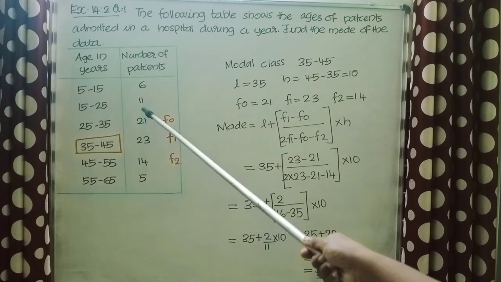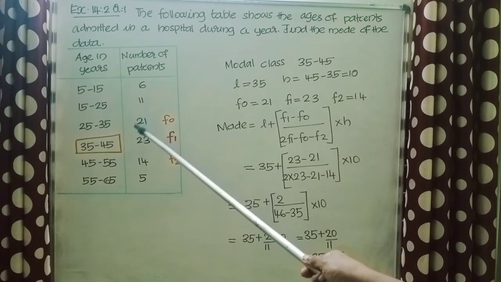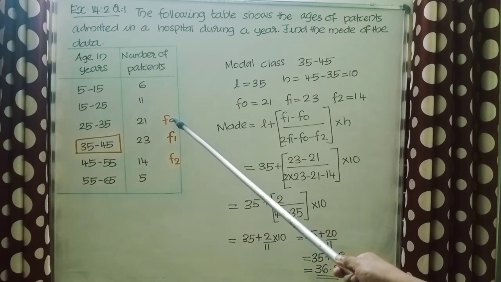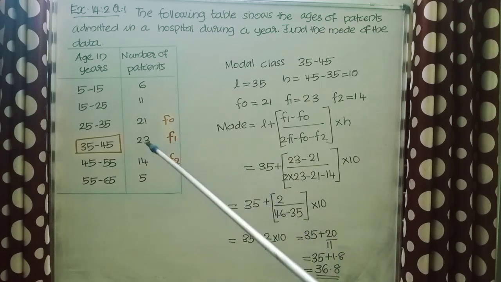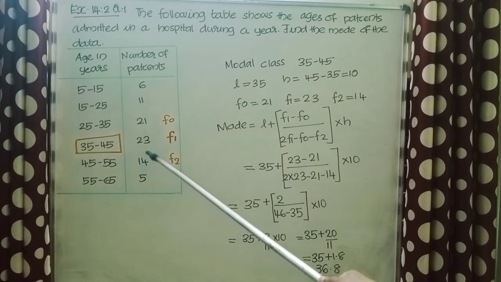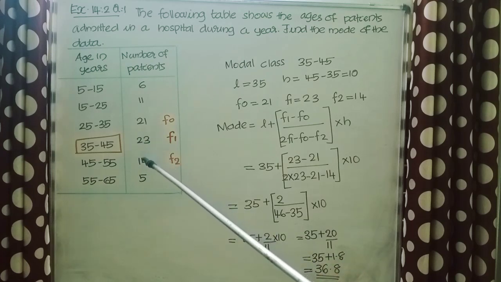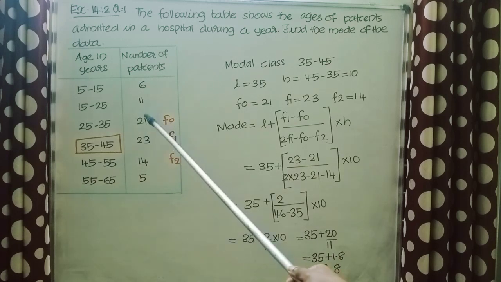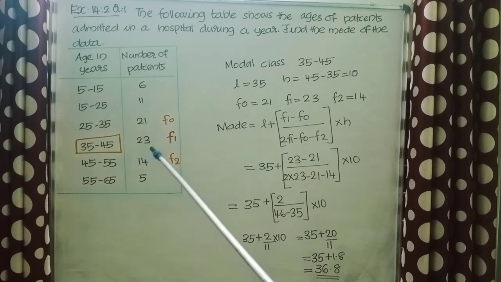The frequency preceding the frequency of the modal class, we can consider as F0, and the frequency succeeding the frequency of the modal class we can consider as F2. So here 23 is F1, 21 is F0, 14 is F2.